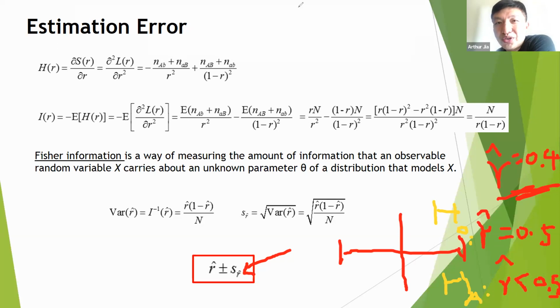So we use this interval, or confidence interval, or the standard error, or whatever, to help us form a hypothesis test.